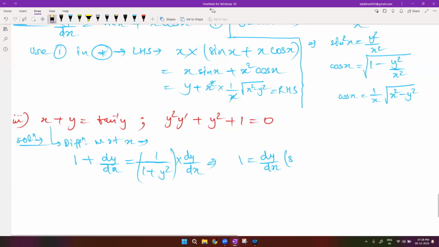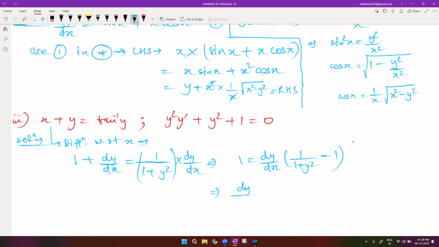We can take dy by dx common, and then this will be 1 upon 1 plus y square minus 1. This can be further solved as 1 plus 1.